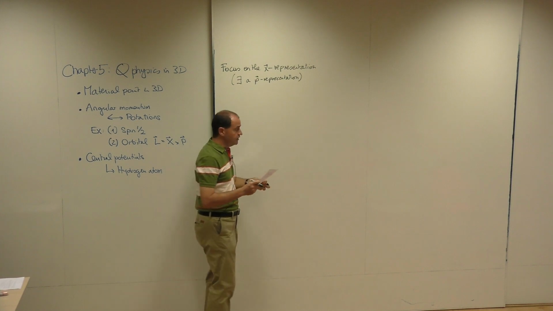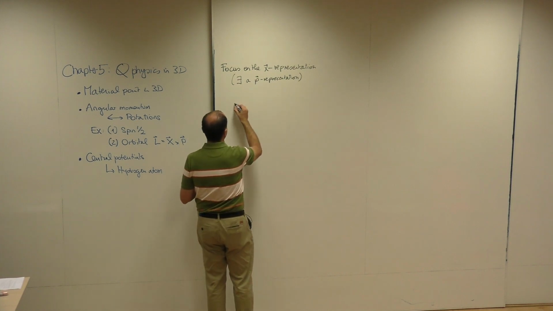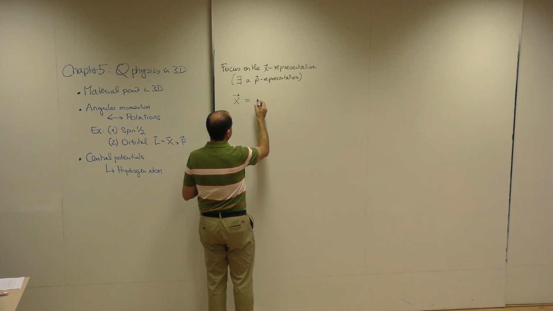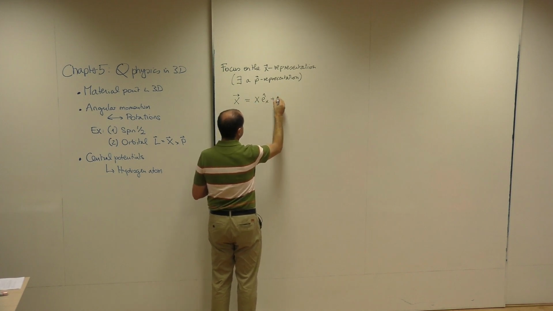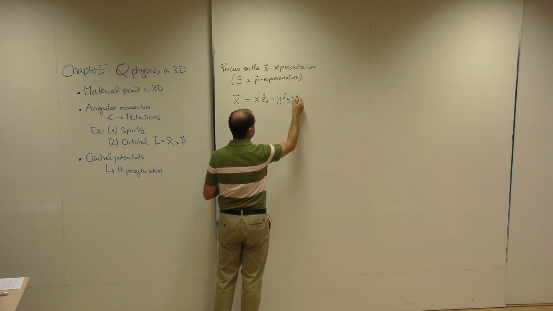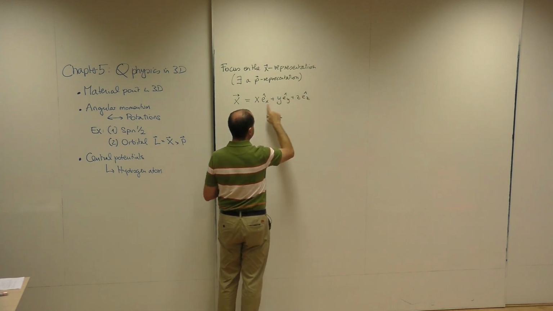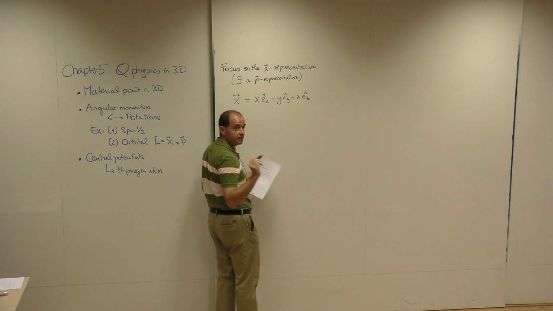So, what is position in 3D? Well, this you know, right? I'm going to write the vector x. This is a kind of normal vector. Sometimes it's written like this, right? x ex plus y ey plus z ez, with these the unit vectors in the different directions.